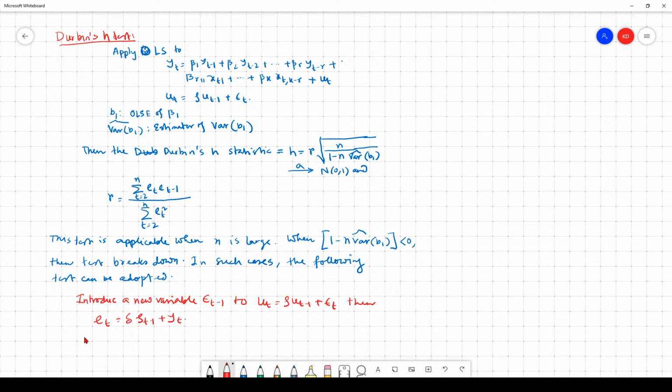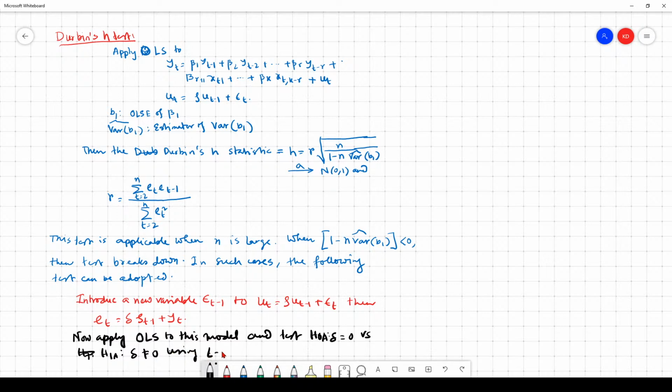Now apply OLS to this model and test H naught A: delta equal to 0 versus H1A: delta not equal to 0 using the t test.